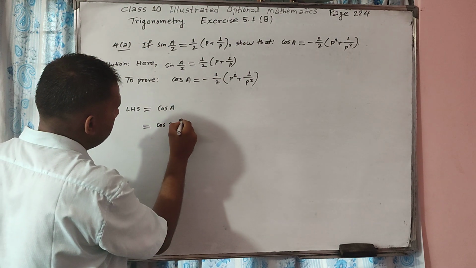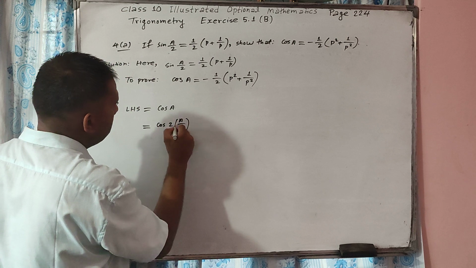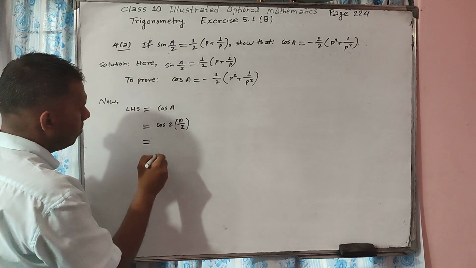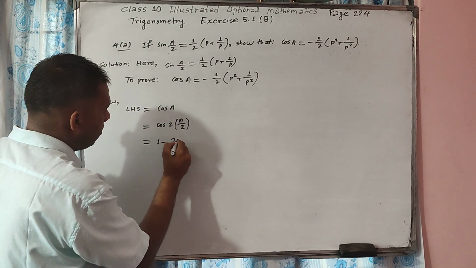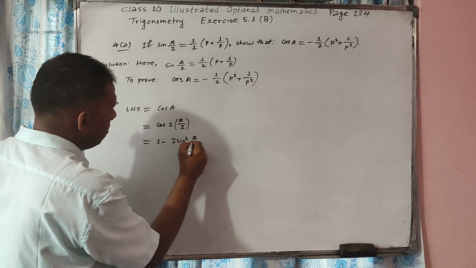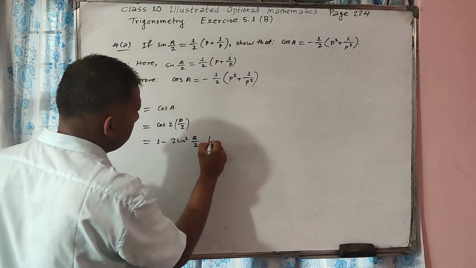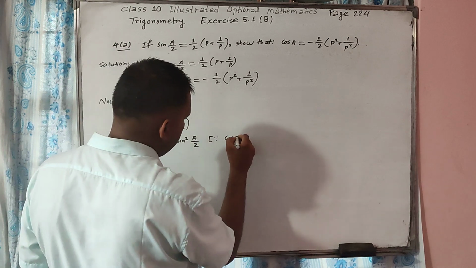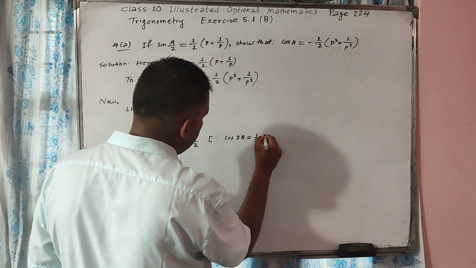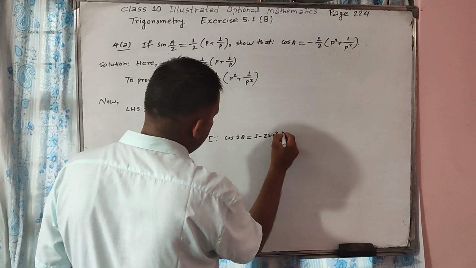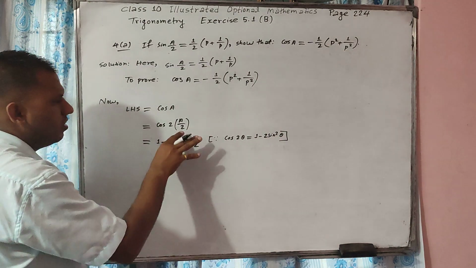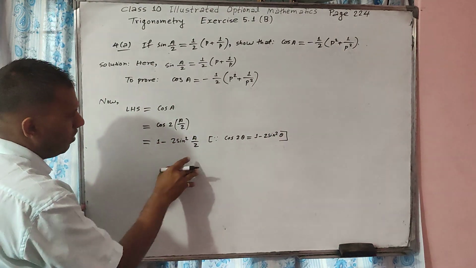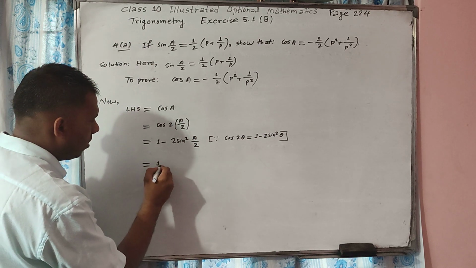Cos a equals cos 2 times a by 2, which equals 1 minus 2 sin square a by 2, because cos 2 theta equals 1 minus 2 sin square theta. Here theta is a by 2.